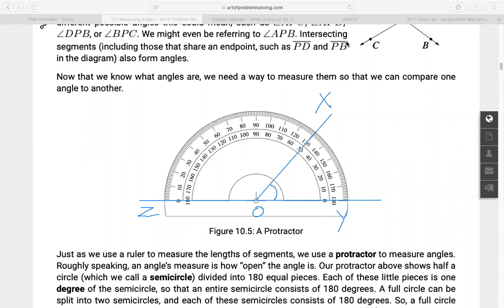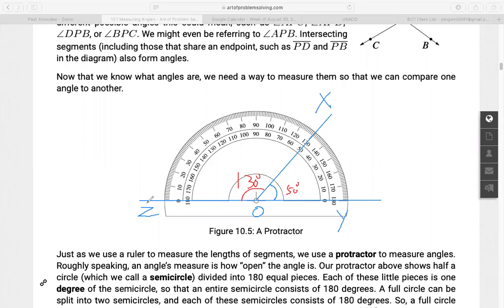I mean this angle. How big is this angle? Oh, then that's 130 degrees. Yes, this one is 130 degrees. This one is 50 degrees.